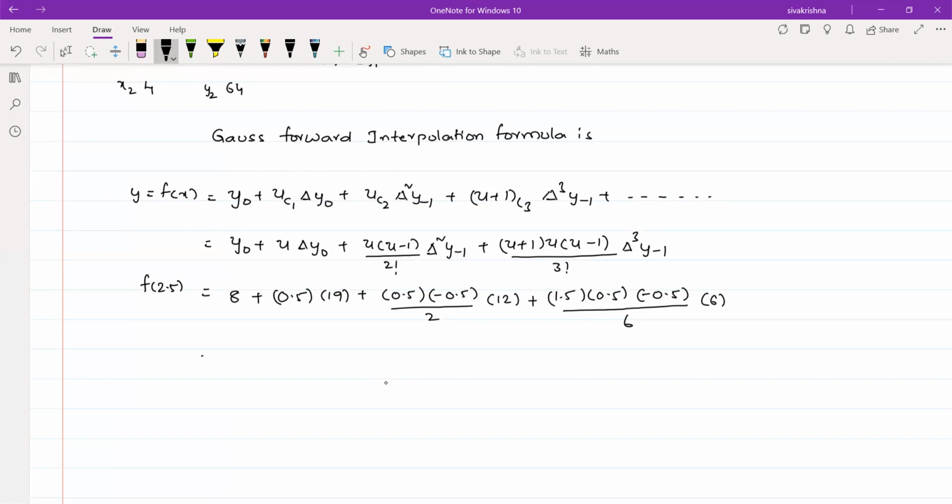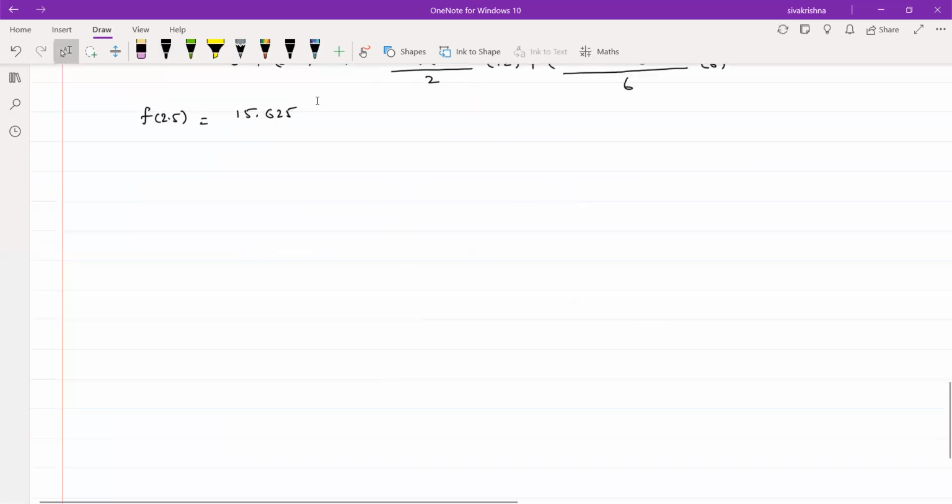By simplification, we get the value of f of 2.5 is equal to 15.625. So the value of f of 2.5 by using Gauss forward interpolation formula is 15.625. Okay. So next problem.